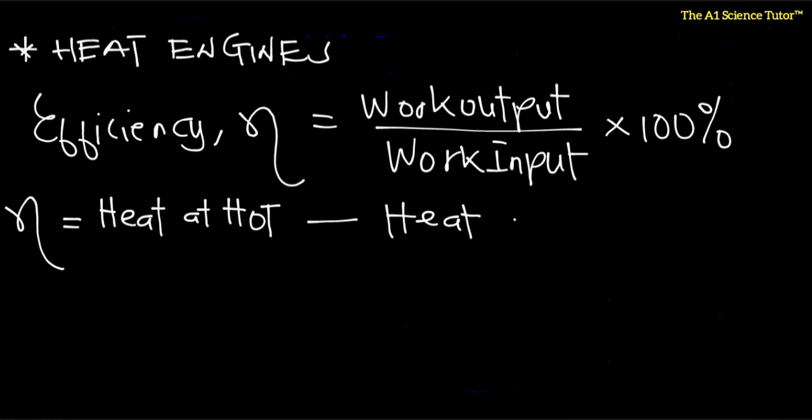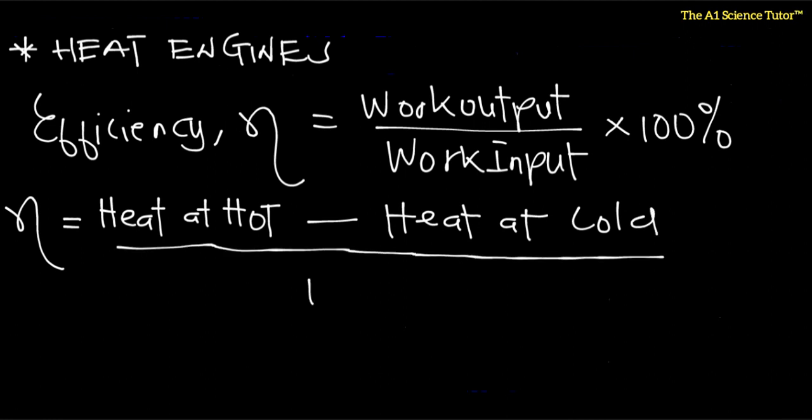Now, what do I mean by all these statements? Well, this is actually going to be divided by the heat at the hot reservoir. So this is basically what we mean.